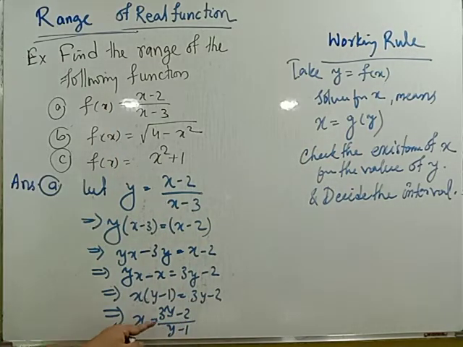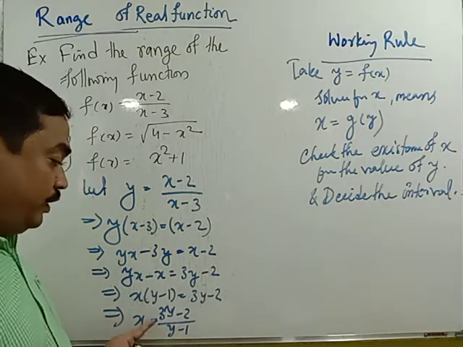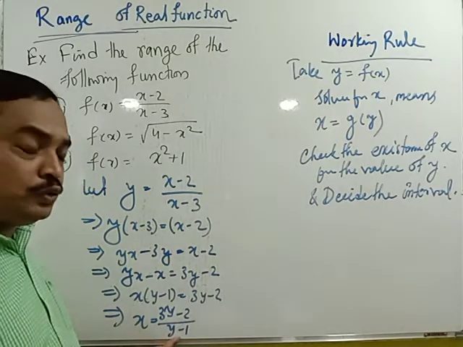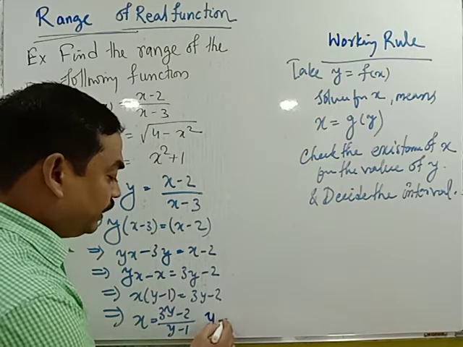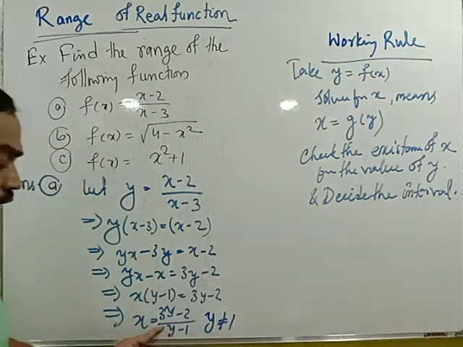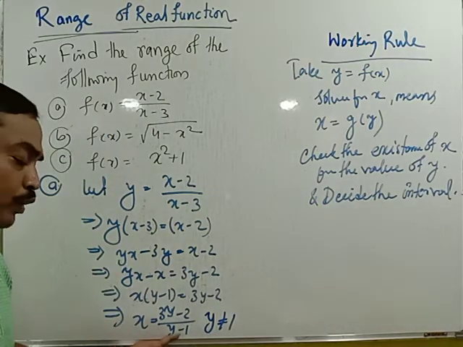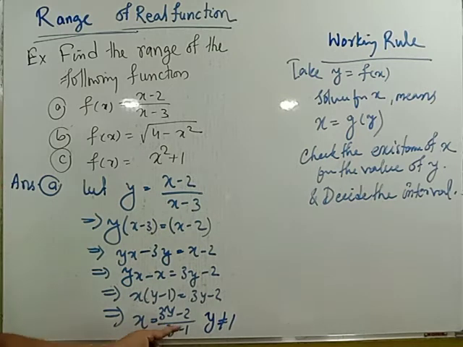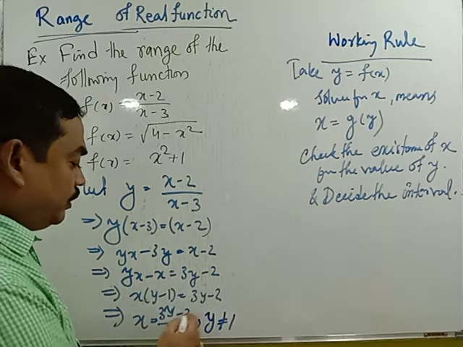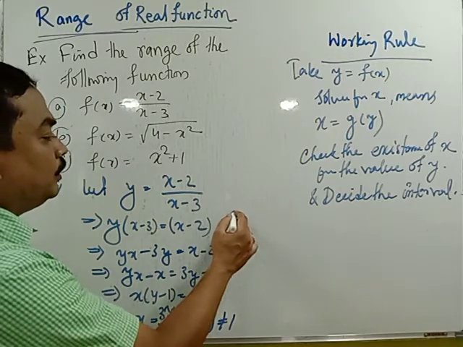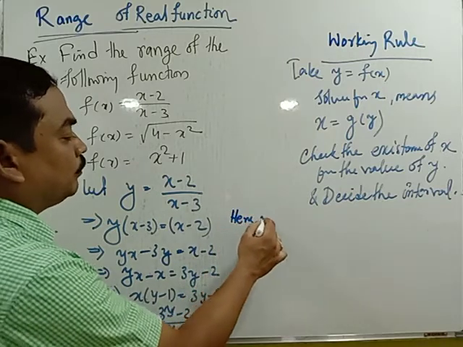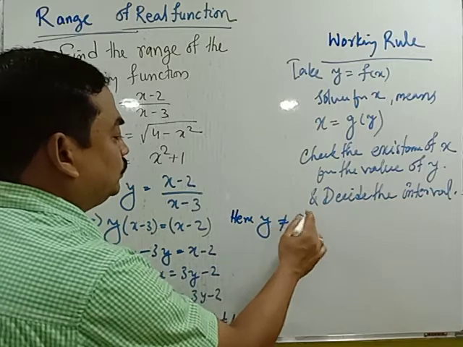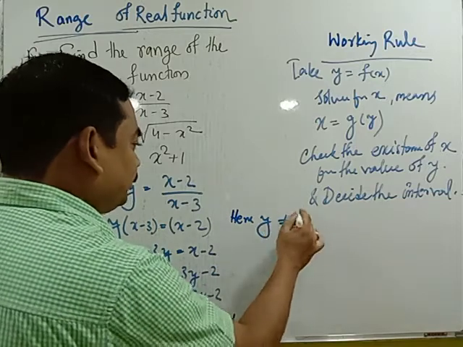Now you check the existence of x. Does it exist for all values of y? No, y should not be equal to 1 here, because if y is equal to 1, y minus 1 will be 0. So for here y should not equal 1.